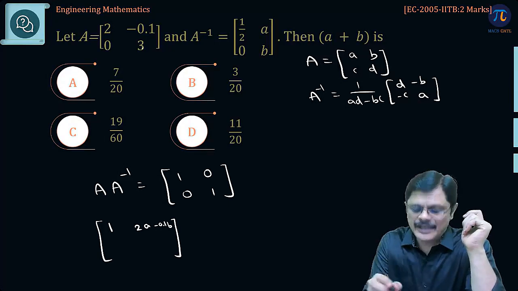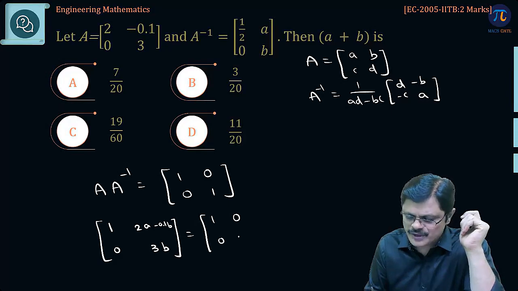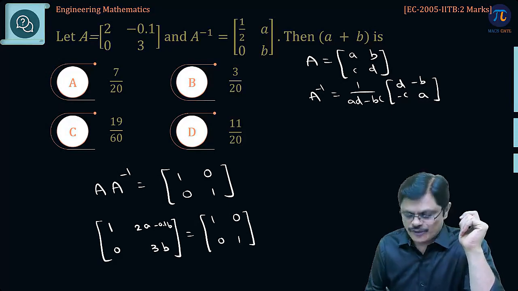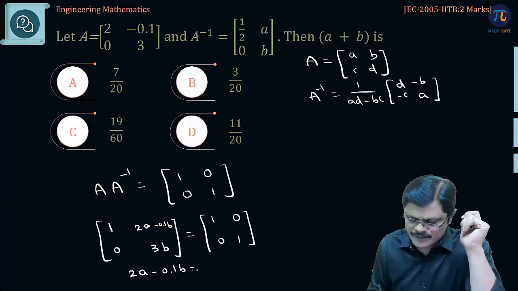This is 0 and this is 0. And here it is 0, 3B. So this is the value of A into A inverse, and it should be equal to 1 0 0 1. From this we understand 2A minus 0.1B is equal to 0, and 3B must be equal to 1. So you get the value of B, which is 1 by 3.